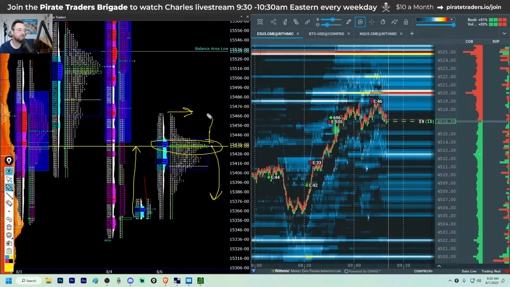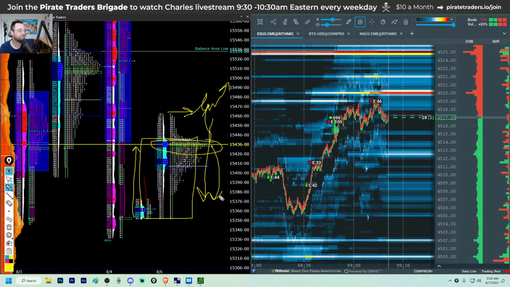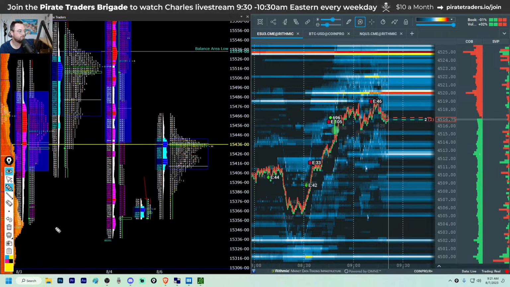But I wouldn't get bullish unless they found support up there, because as soon as all these people who've been long take profits, the market comes right back down. So both markets are opening in a chop zone.